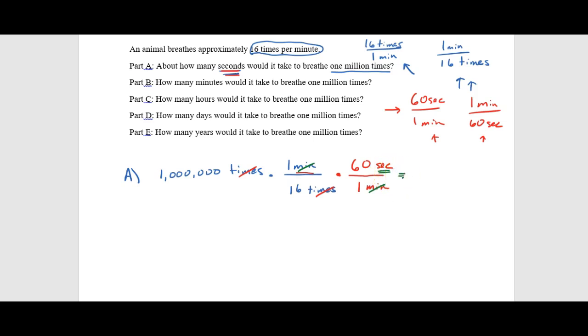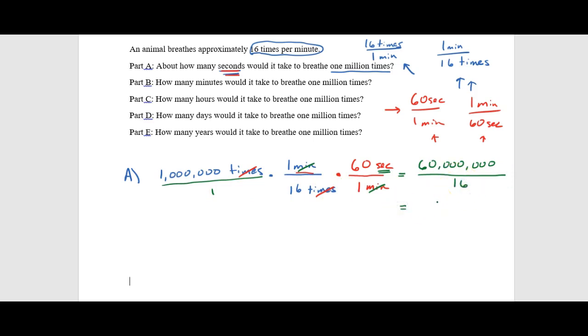So now I'm going to multiply across the numerators and across the denominators. One thing that we don't see here is that there's a 1 there, but you could write that if you want. So I'm going to do 1 million times 60, and that's 60 million. And then I'm going to do 1 times 16 times 1, and that is 16. I'm not quite done yet.